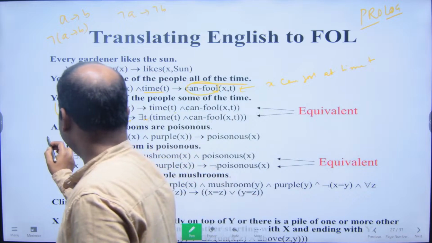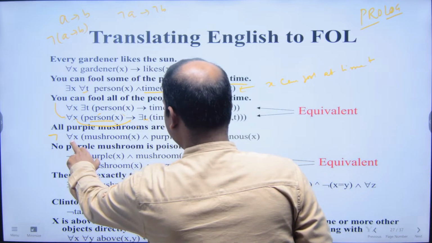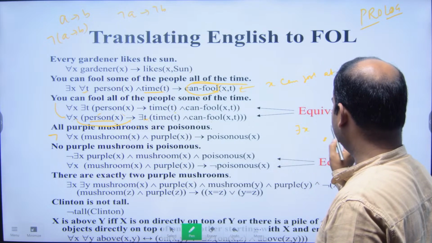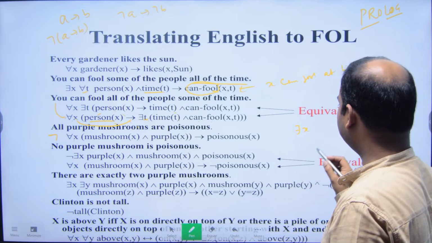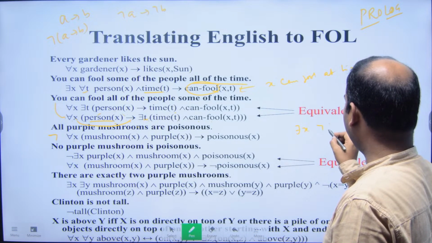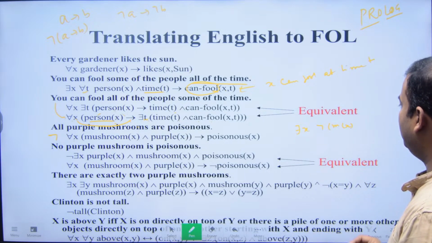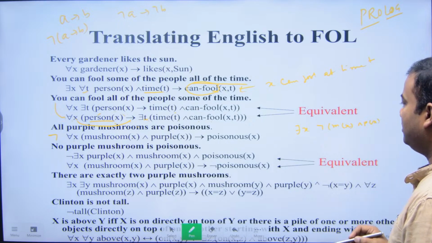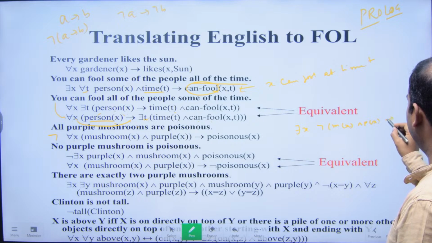When this becomes a negation, it converts to there exists x, mushroom x, and purple x, and not poisonous x.